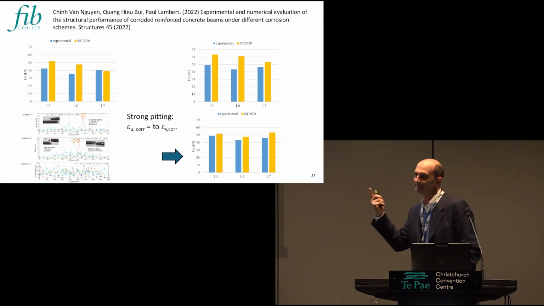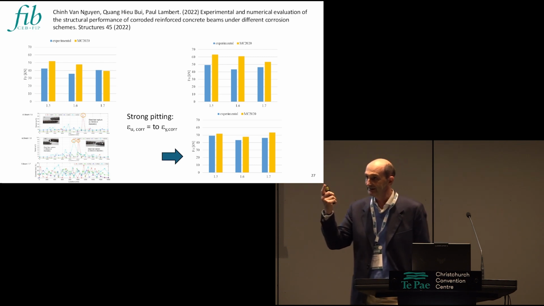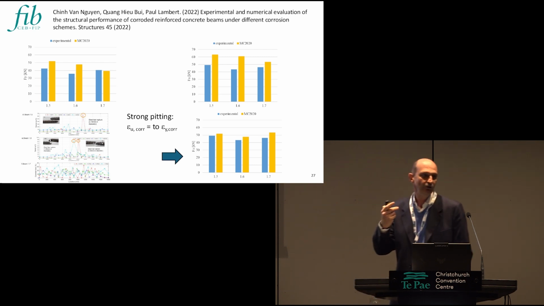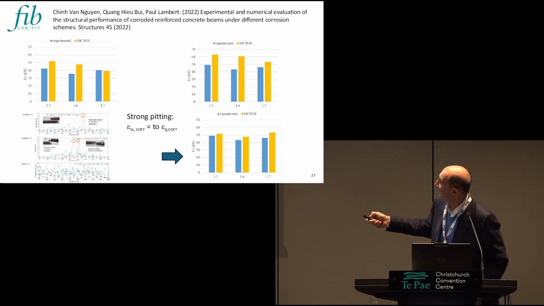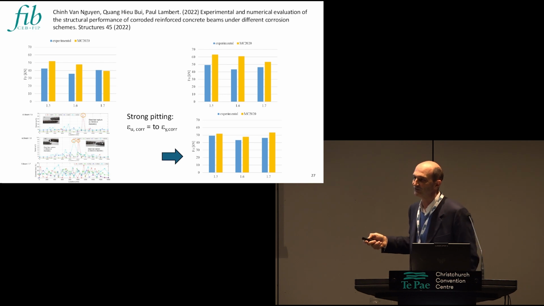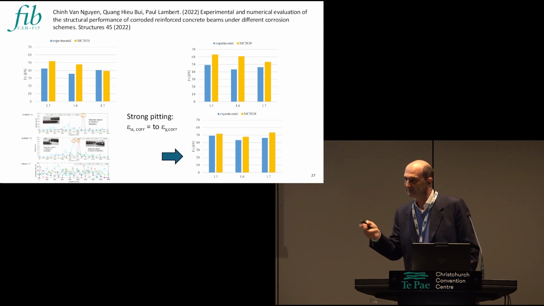So probably there was something wrong in performing not a natural corrosion, but an artificial corrosion. It is not usual in existing structures to have one pitting like that situation.